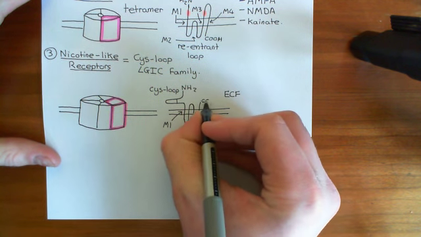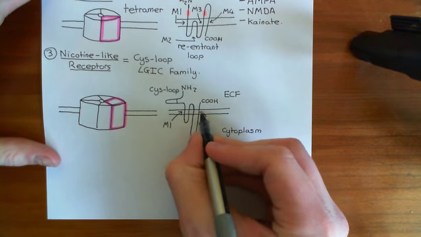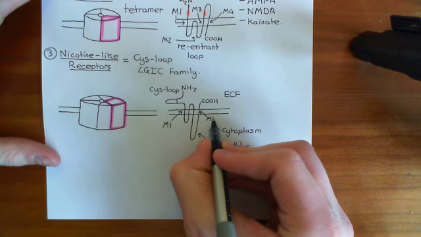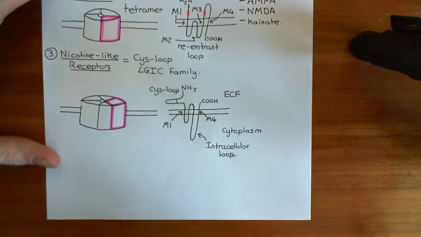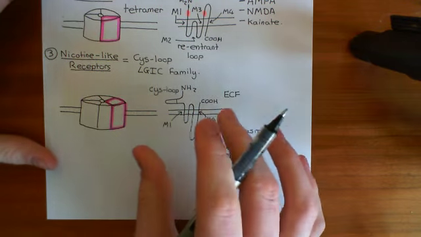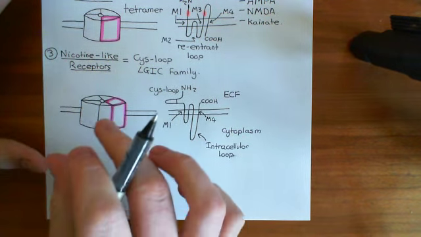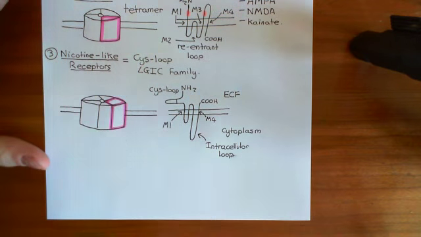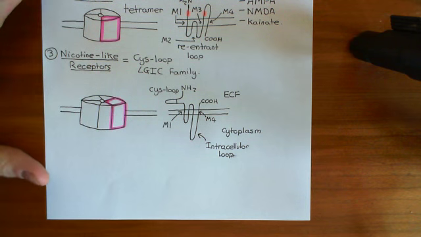And then finally you end with the carboxylic acid terminus extracellularly. This is the M4 membrane-spanning alpha helix here, so it's M1, M2, M3, M4. So that's the subunit composition of a subunit of a ligand-gated ion channel within this nicotine-like receptor family of ligand-gated ion channels.